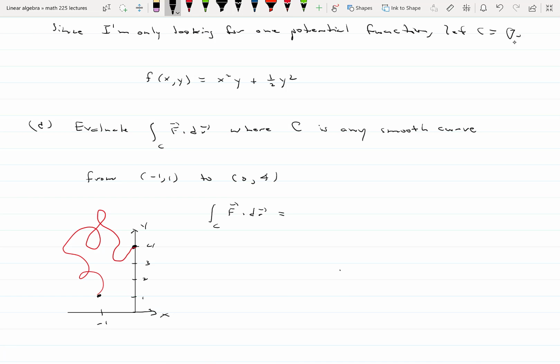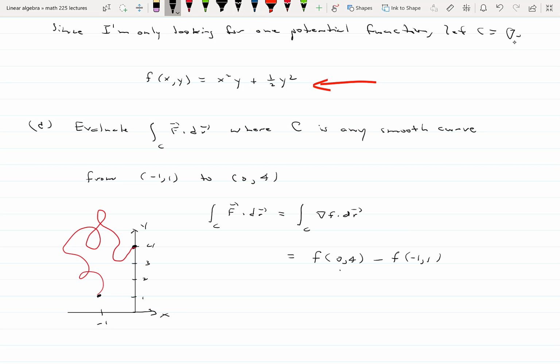The fundamental theorem of calculus for line integrals says that this is nothing more than the line integral of the gradient of f dot dr, and that's equal to the value of the potential function at the end point minus the value of the potential function at the beginning point. Well, the potential function is x squared y plus 1/2 y squared, right above.